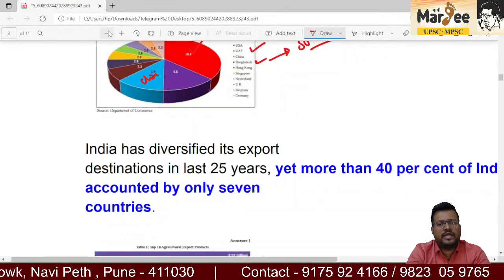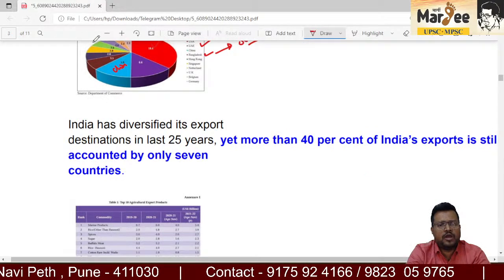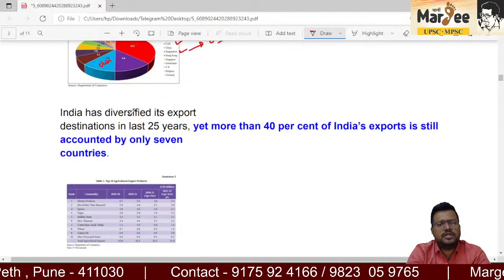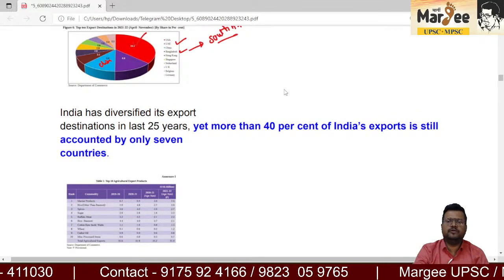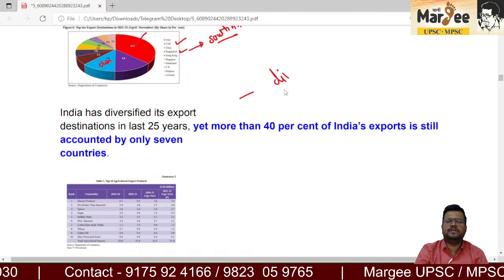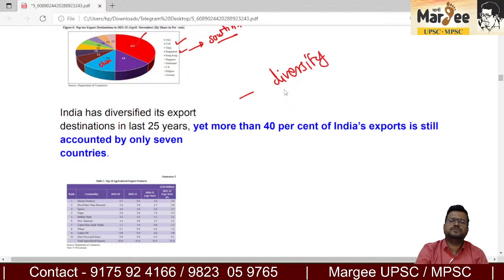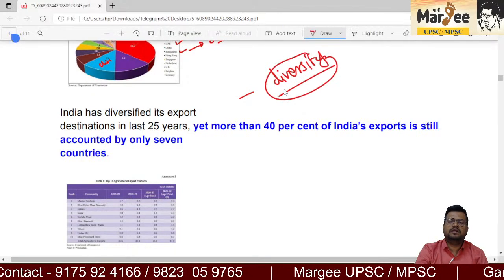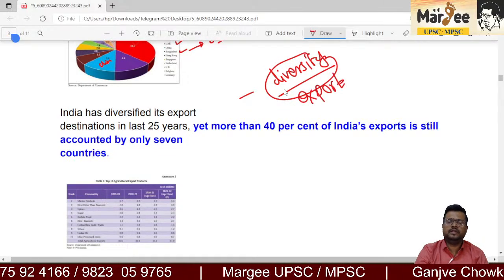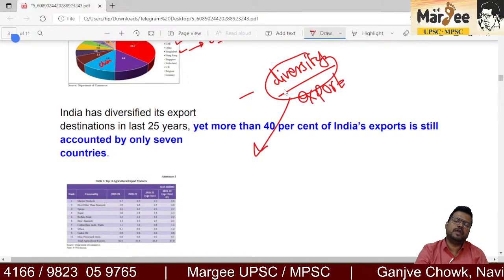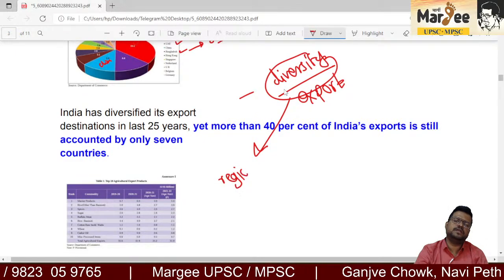If you are keenly following newspaper or if you have done agriculture topic for your mains, you must have aware that many experts believe that India should diversify its export bracket. India should diversify its export. What does it mean? It means it should export to various region.